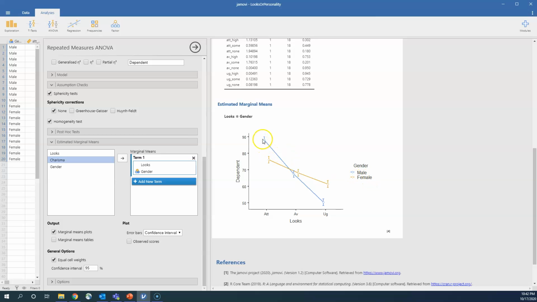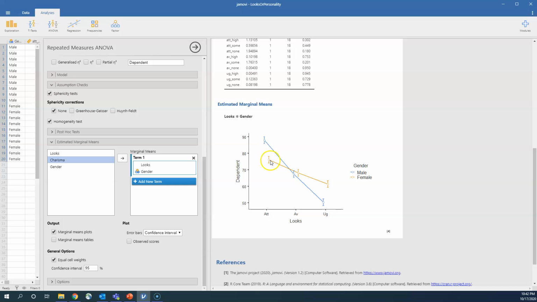So men rated attractive dates far more highly than women did, and men rated ugly dates as far less enjoyable than women did. So what we've got here is women more evenly across the board, not perfectly, but more evenly across the board, rating their dates as approximately equivalent regardless of how attractive they were.